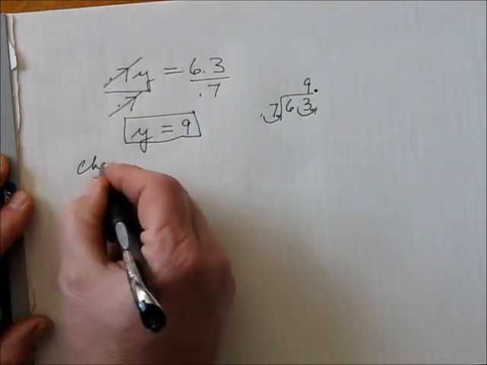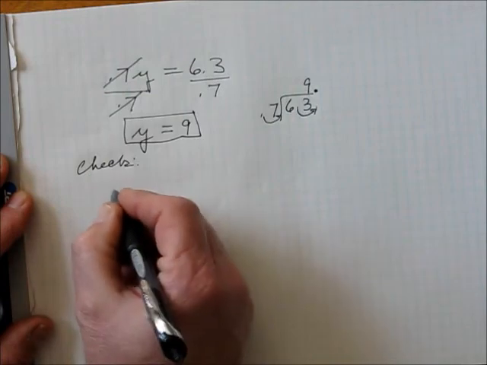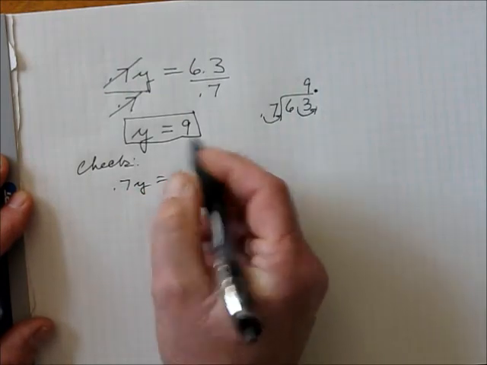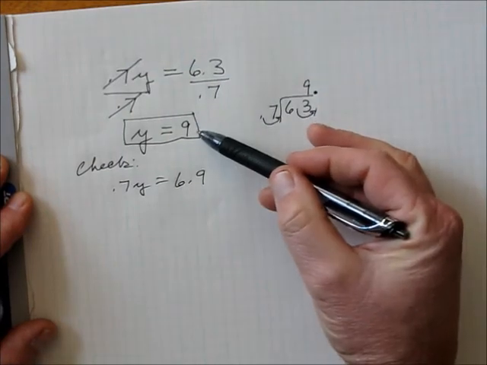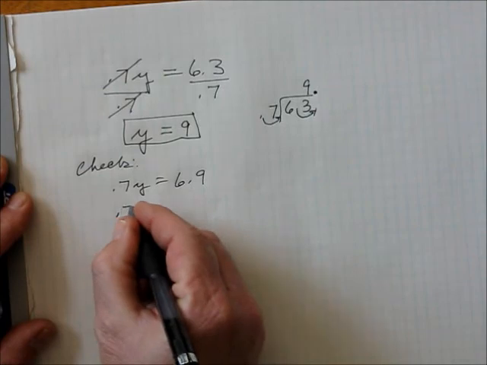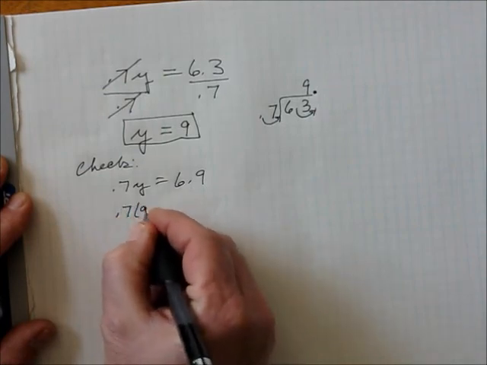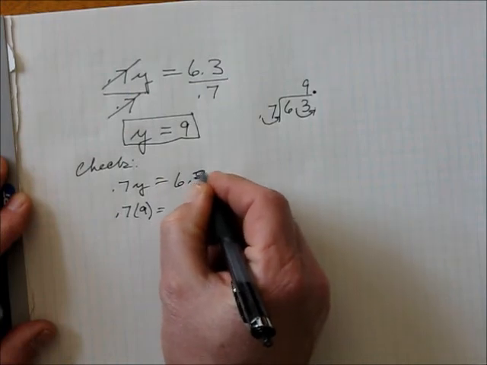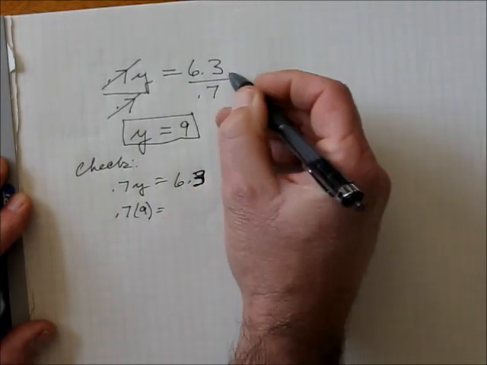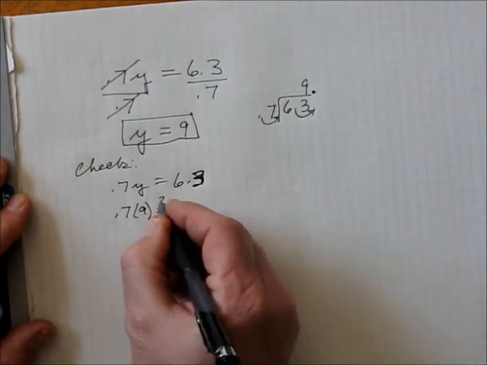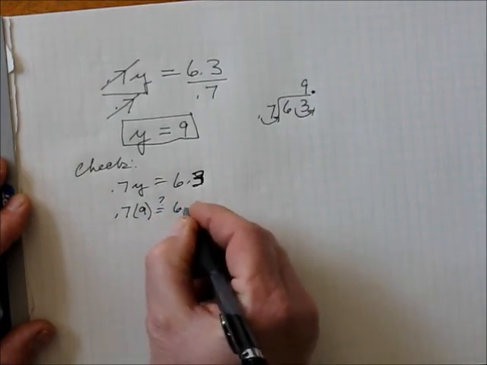To check this, same as usual, write down the original equation. I'm saying y is equal to 9 here, so I'm going to substitute 9 in for y. So I go 0.7 times 9 is equal to, I'm sorry, over here this should be 6.3, my original equation. So 0.7 times 9, is that equal to 6.3?